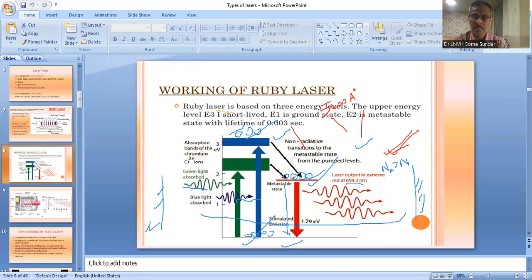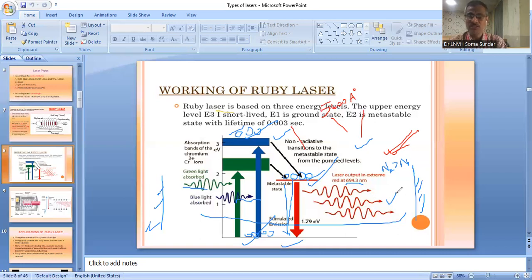Because of that, an atom will make a downward transition to the ground state, releasing another photon of wavelength 6943 angstroms. Therefore, a single photon becomes two photons, two photons become 4, 4 become 8, and 8 become 16, and the number of photons gets multiplied and the light gets amplified.